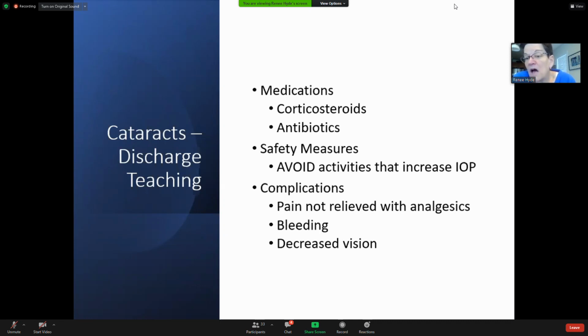Picking up heavy objects will increase intraocular pressure. Bending over to tie your shoes with the head below the waist will increase intraocular pressure. So those are activities we want to teach them to avoid.